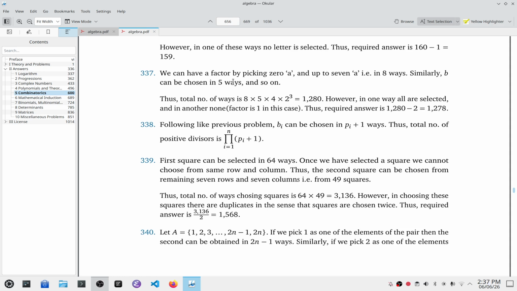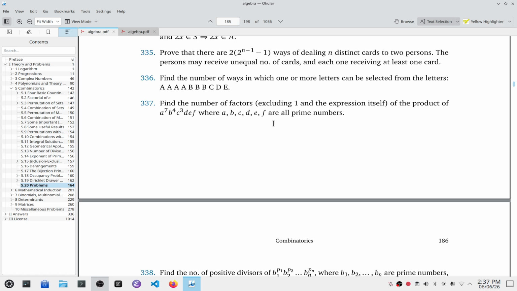For B, it will be 5, and so on. So the total number of ways is 8 times 5 times 4 times 2 power 3, that is 1280. However, in one way all are selected and in another none is selected, factor 1 in this case. Thus required answer is 1280 minus 2, or 1278.